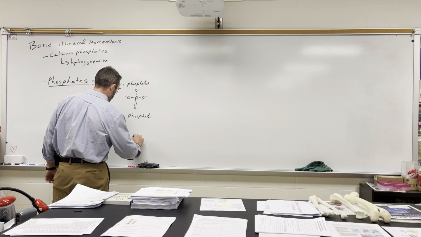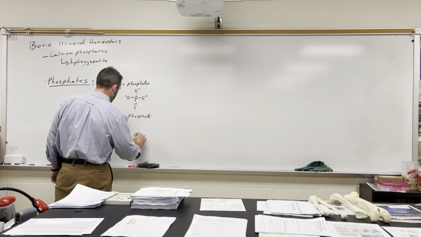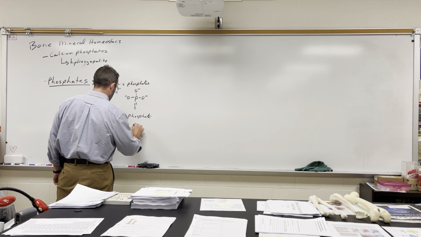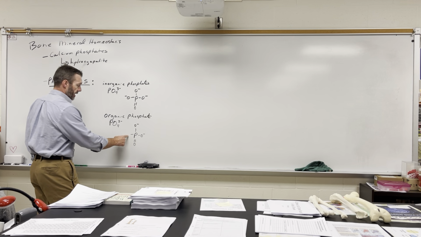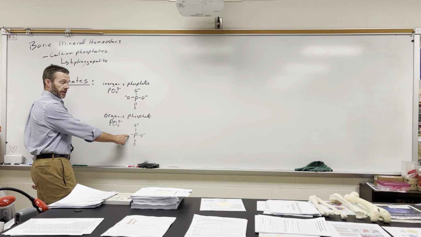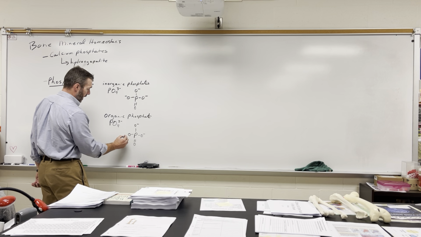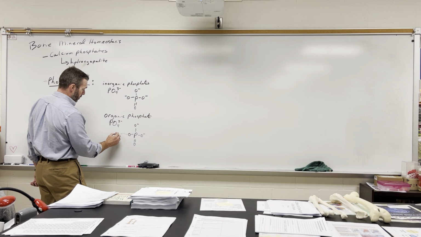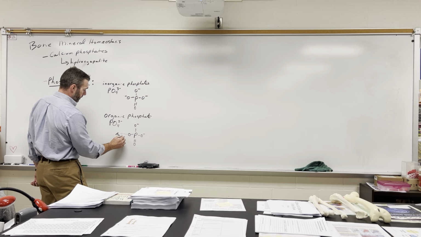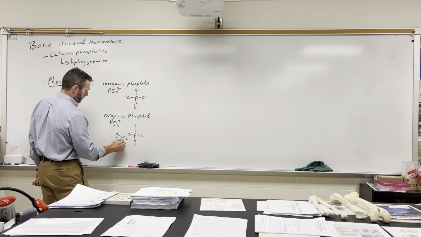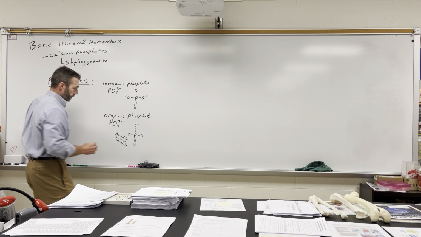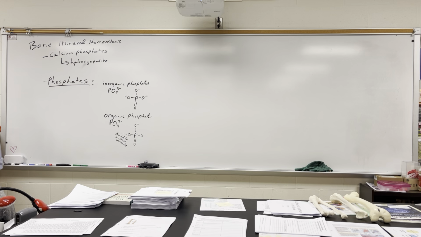The only difference here is this phosphate is now bonded to another molecule. Instead of this third oxygen having a negative charge, this oxygen is then bonded to another molecule. Now it drops one negative charge, goes from -3 to -2, and becomes an organic phosphate.